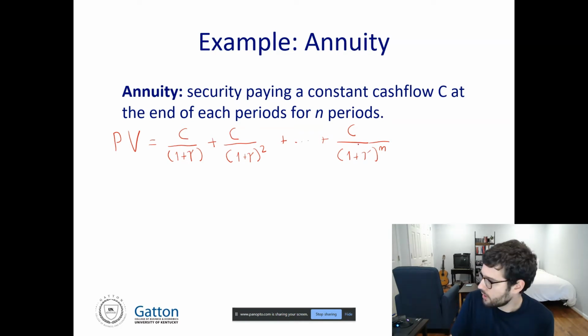Now, notice that here what we have is a geometric progression. We are summing the first n terms of a geometric progression.